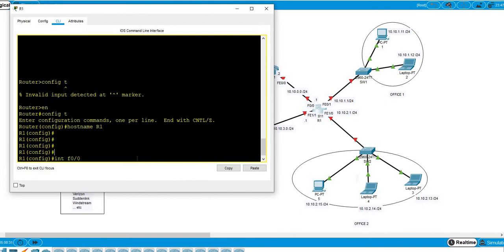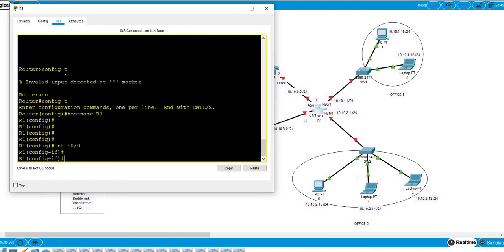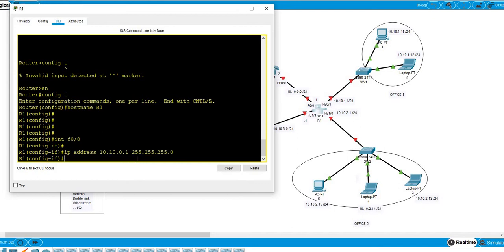Fast Ethernet 0/0. Enter. IP address 10.10.0.1, subnet mask 255.255.255.0. Enter.